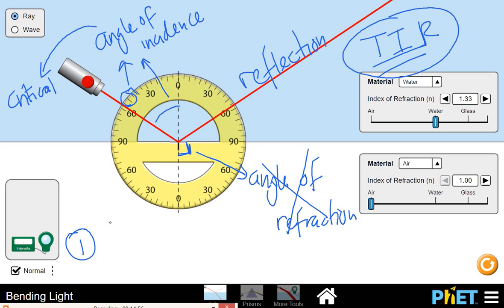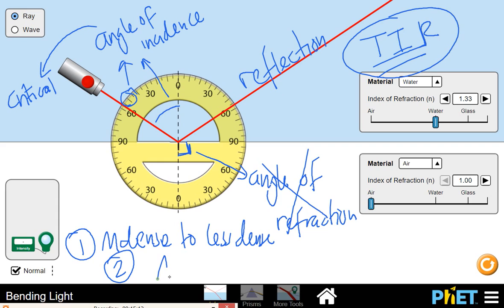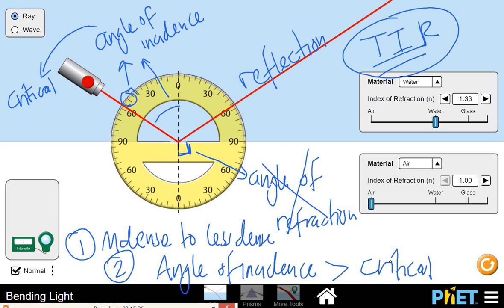And second, the angle of incidence has to be greater than the critical angle.